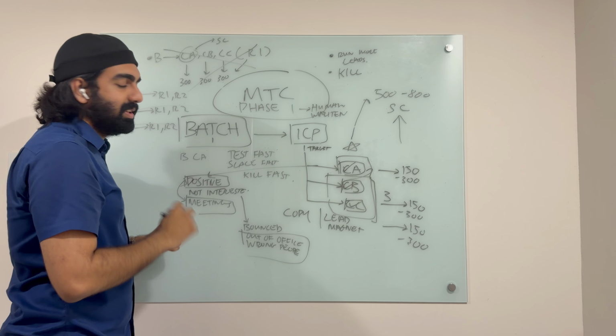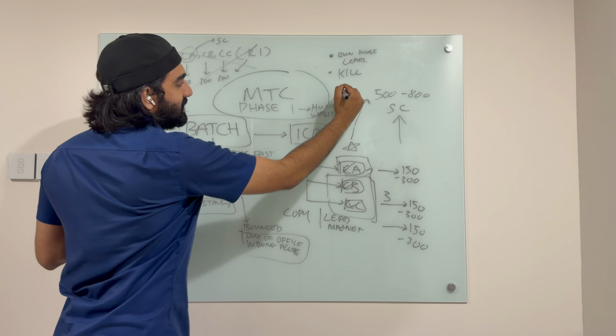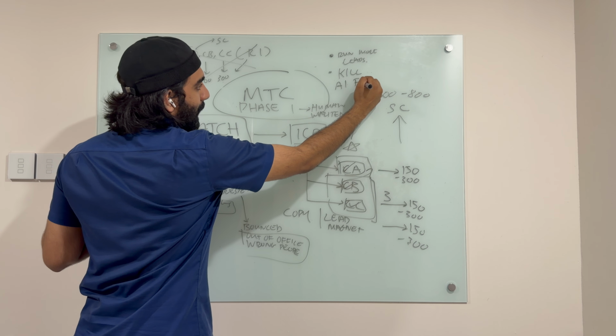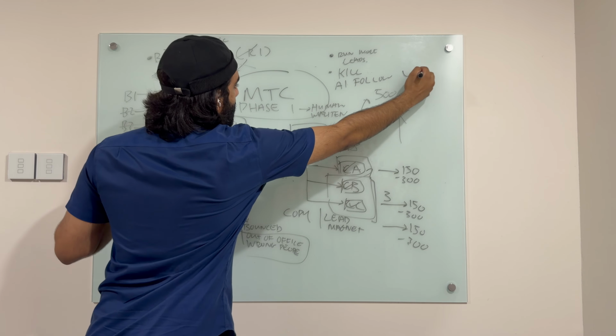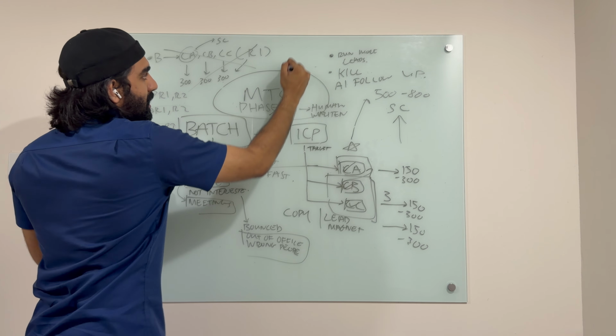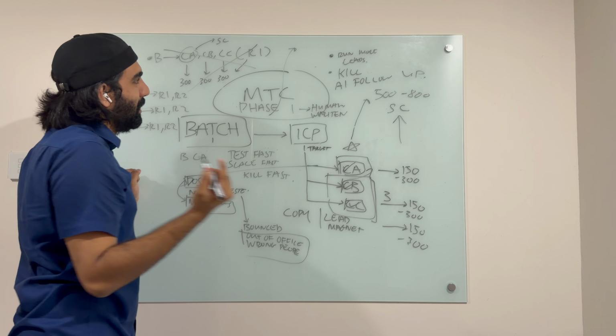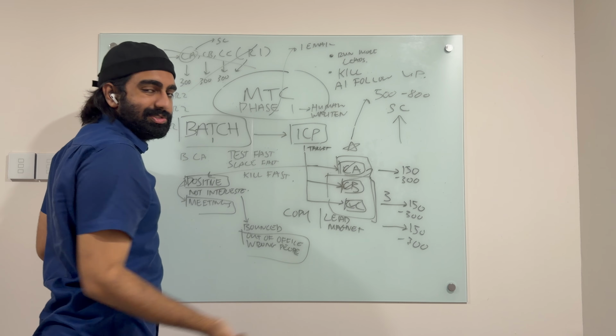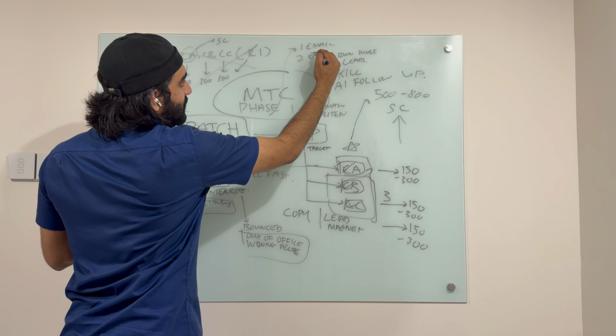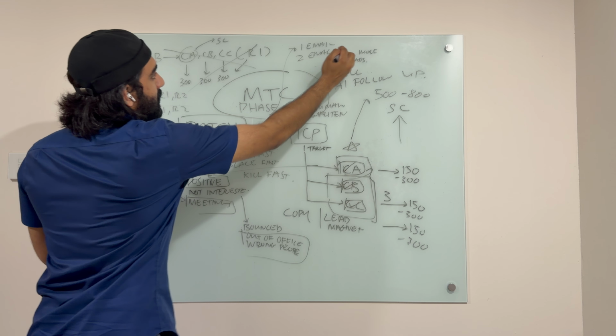Phase 2, which I'm not going to walk through in this video, is always about AI follow-up. For phase 1, mostly I launch about 1 email max. Sometimes when I feel that I've got good sequences, I go for 2 emails. That's it.